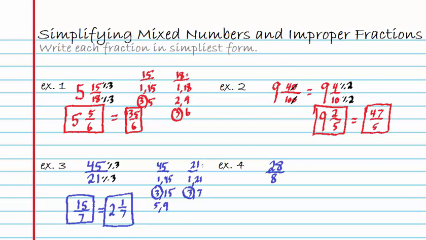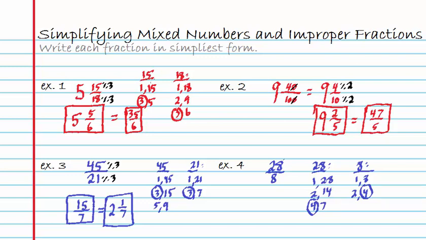So moving through to example 4, if I look at my factors, I'm going to start with 28. So we have 1 and 28, 2 and 14, and 4 and 7. Then with my factors of 8, I have 1 and 8, 2 and 4. So in this case, my GCF is 4.